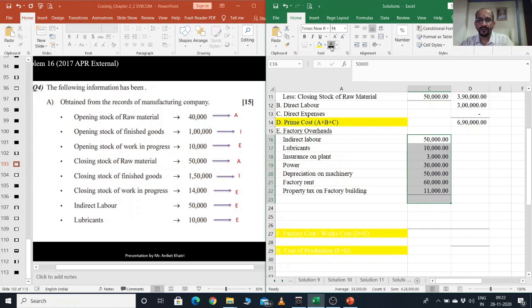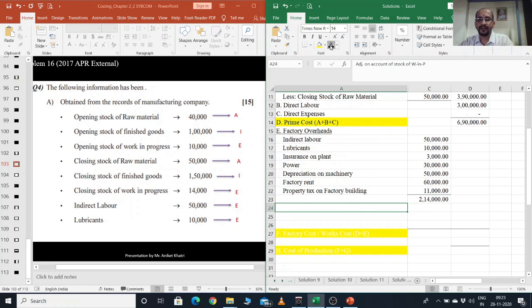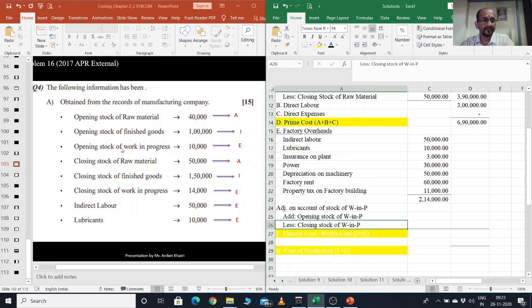So it is 2,14,000. Now add the adjustment on account of stock of work in progress. You need to add the opening stock of work in progress and you need to less the amount of closing stock of work in progress. The opening stock of work in progress is 10,000.